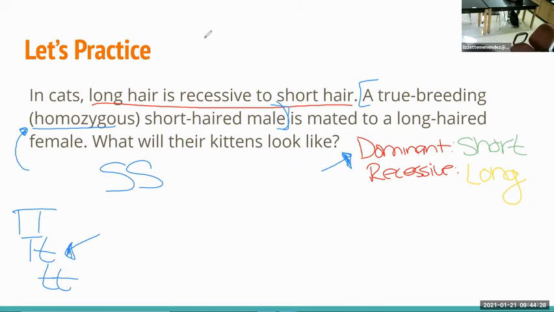Now the second thing is to figure out our female, because we have to figure out what to cross it with in our Punnett square. Our female has long hair. What is that genotype going to look like? That's hard.